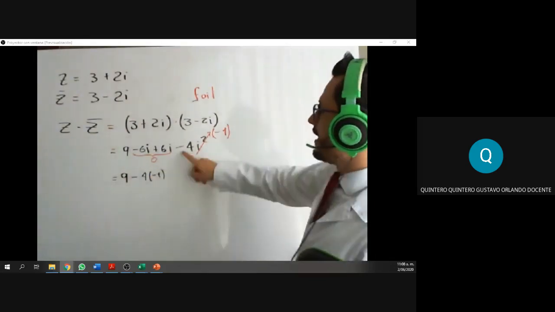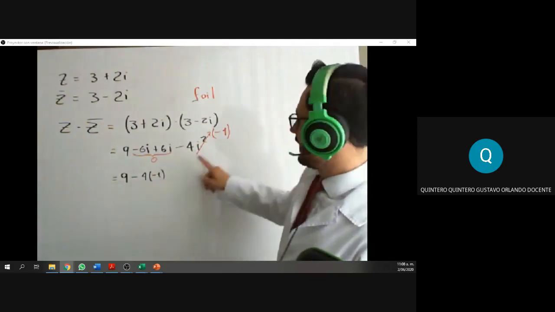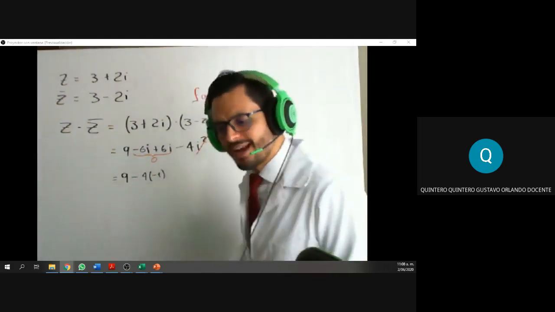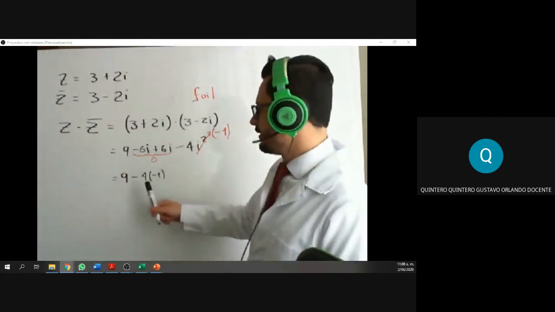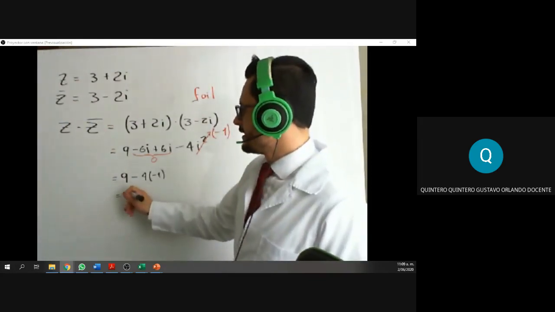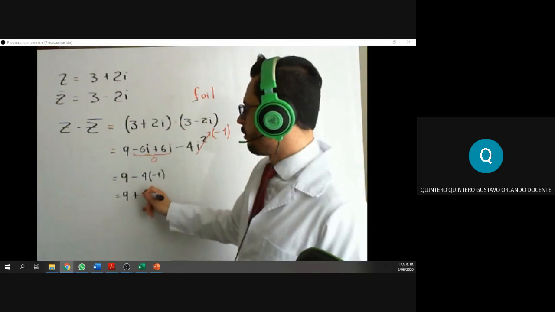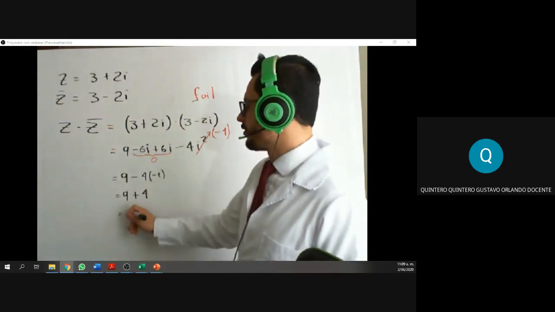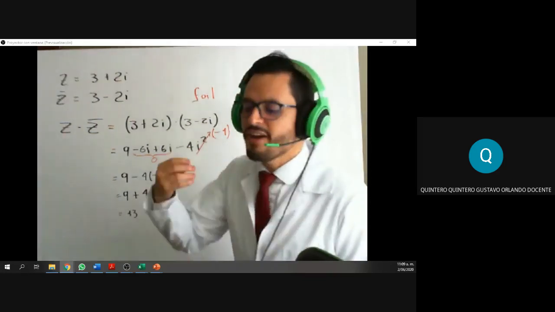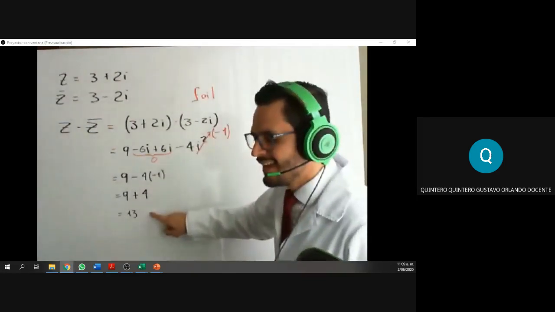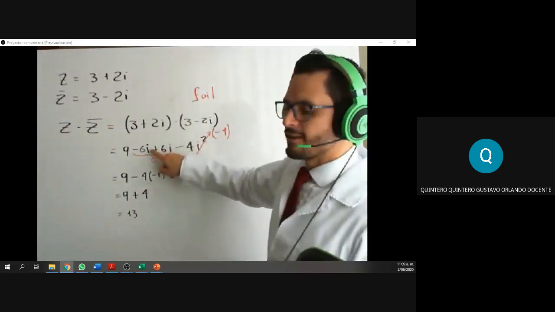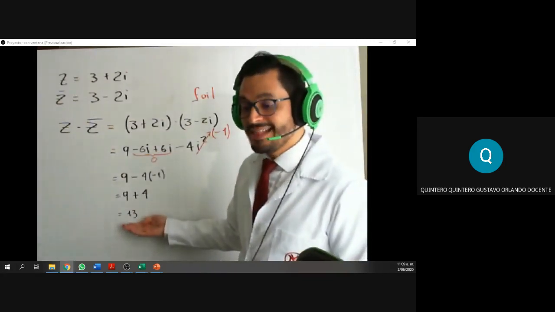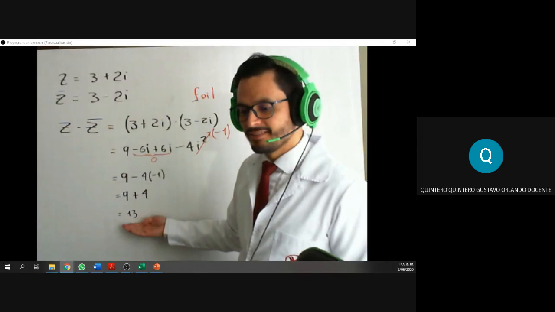Minus 4 and the negative 1, which was the i squared. But that can be solved as well. This is 9 plus 4, which will be 13. Effectively canceling the letter i. There's no longer a letter i in here. It disappeared.